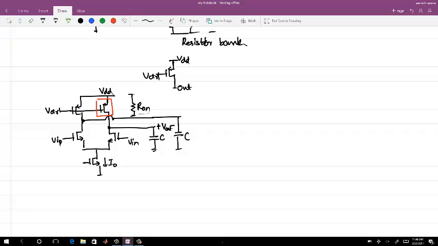So here R on is equal to, let me write it. The one thing you need to ensure is that both these transistors which I'm using as a resistor should be operating in the linear region.